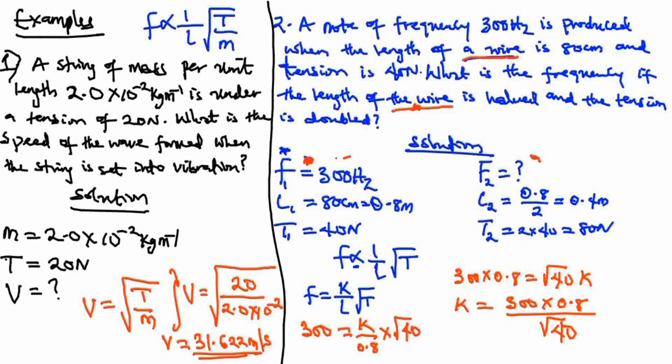you will have 240 over root 40. The square root of 40 is equal to 6.324. And when you do that division, you have 37.950.